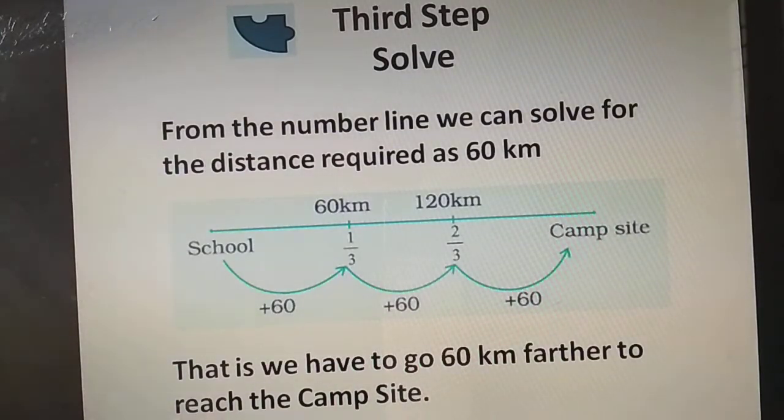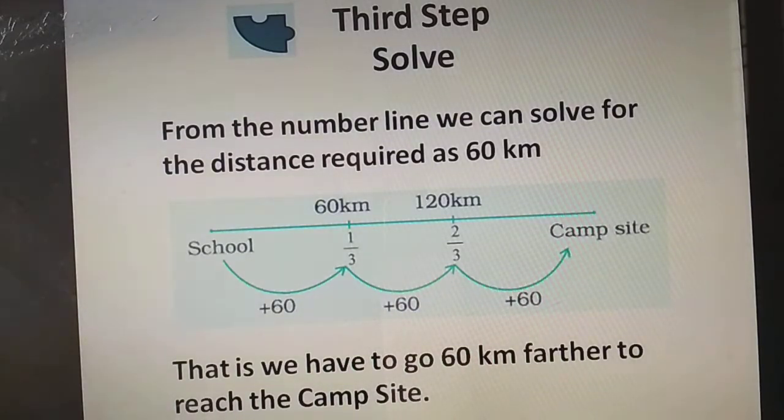See, 2/3 is 120. Take half of it, and it will be 60 kilometers. So 1/3 plus another 1/3, 60 plus 60, gives you 2/3, and therefore that is 120 kilometers. So another 1/3 distance has to be traveled.